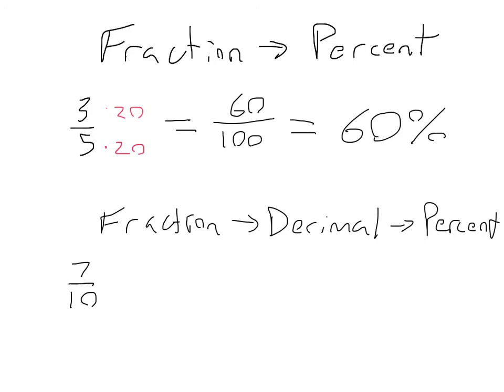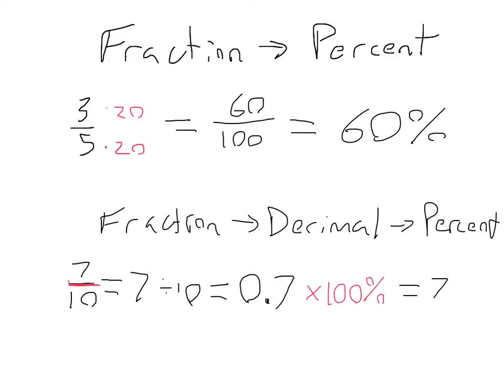But say we didn't notice that. That's totally okay. This means divide, so we go 7 divided by 10. Plug it into our calculator, we get 0.7. Then if we want to turn that into a percent, we go times 100%, and that's equal to 70%.